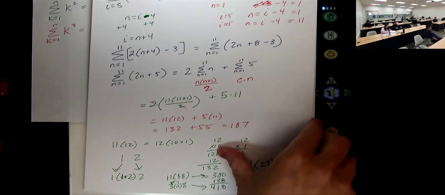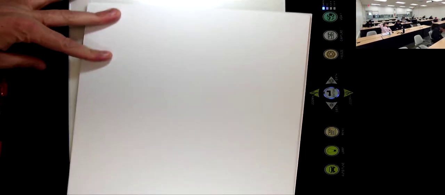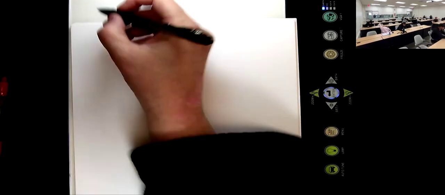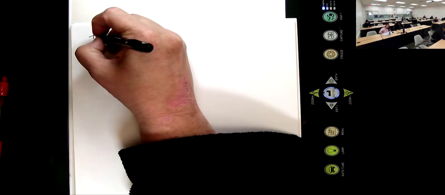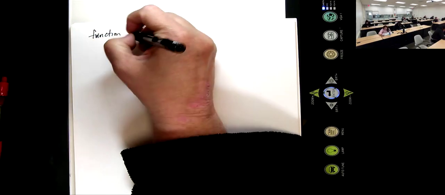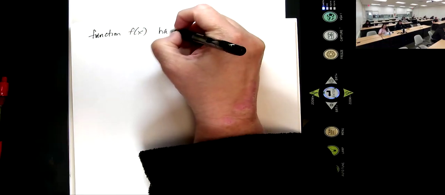Alright, so now we continue and we get to, how does this segue into calculus? What we're gonna be looking at is we have a function f of x that has a graph.